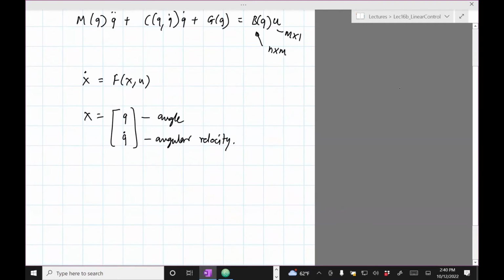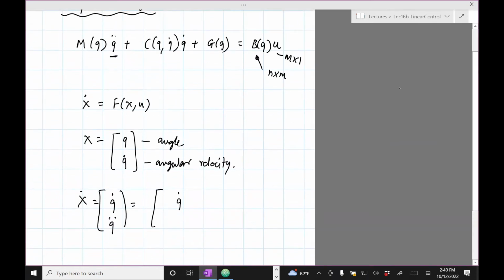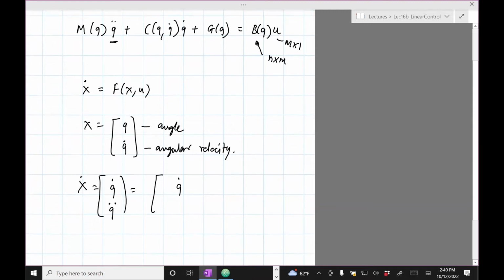So let's write this down. We want x dot, which will be q dot, q double dot, equals, we'll keep the q dot as it is, but to get q double dot, which we see is here, we need to move C and G to the other side, and then we need to invert M. So we'll do that.